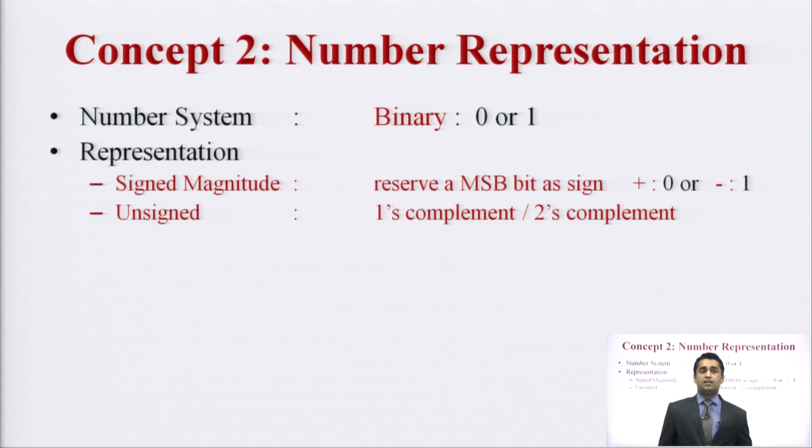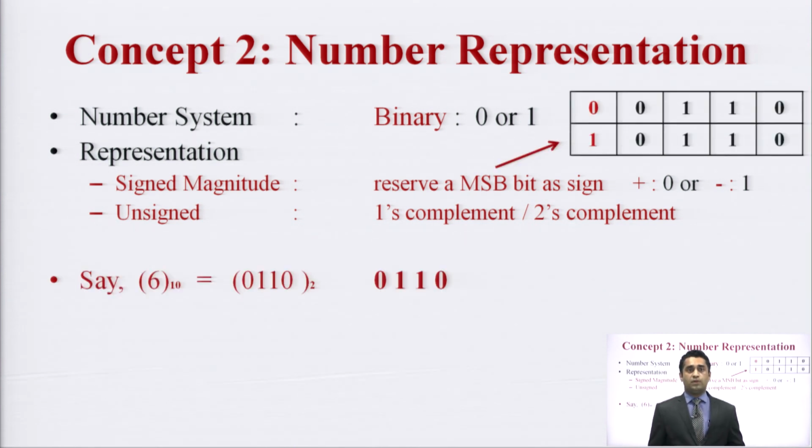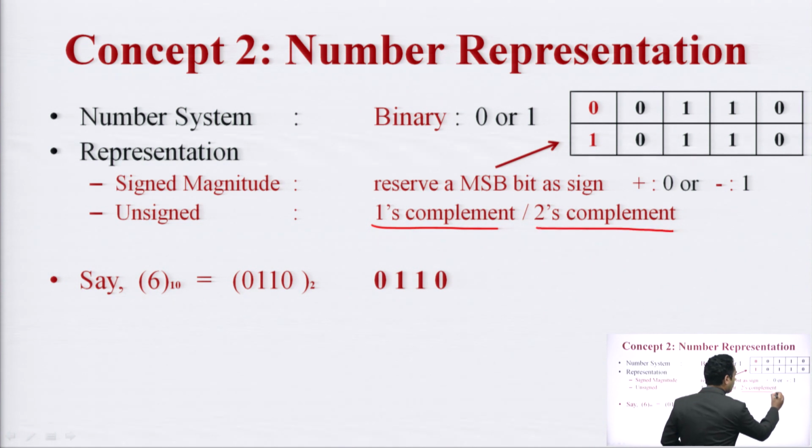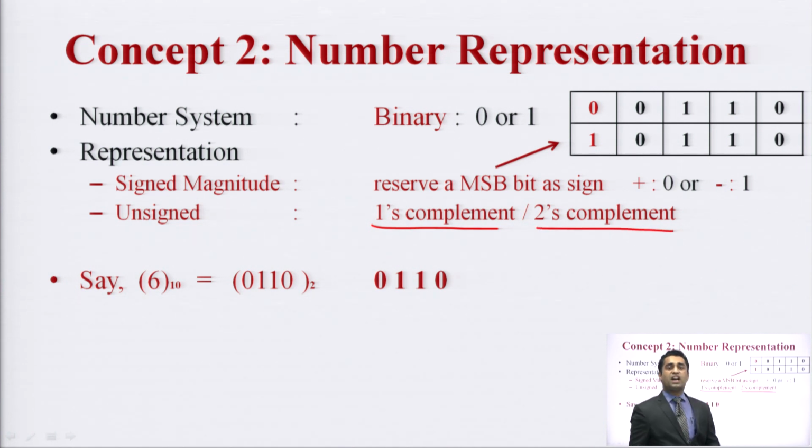One form is sign magnitude, where the positive and the negative number are represented with a sign bit, which is 0 or 1. The other representations are for unsigned numbers. Unsigned means we are not using a specific bit to represent a sign. We are using the 1's complement method or the 2's complement method to represent a negative number.